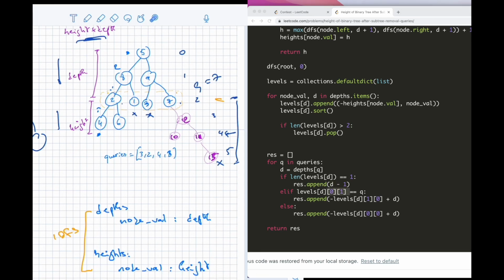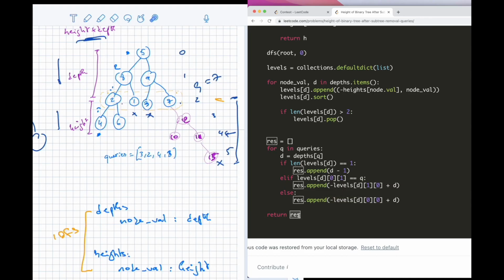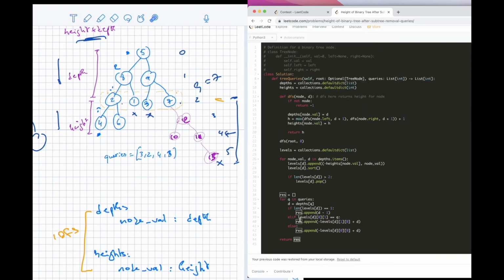Then we check if the highest one is actually the one we want to remove. If it is, we take the second highest, which is what we are doing here with this one. Otherwise, what we are removing is not the first highest, so we just return the first highest height, right? And then we return a result at the end. And so that's pretty much it here.